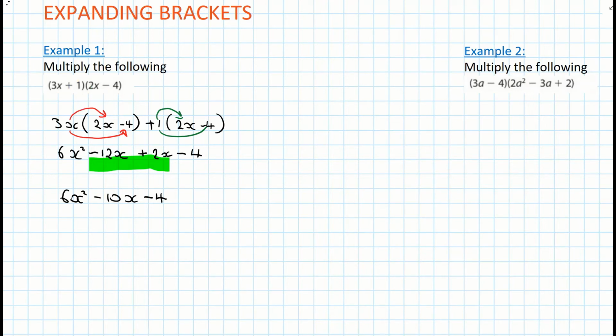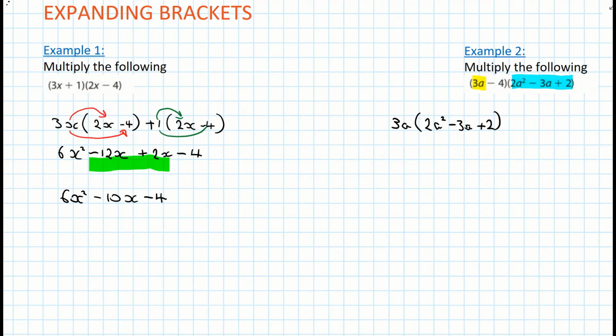As easy as that. Coming over now to example 2, we're going to carry it out in the same manner. We're going to take the first term out of the first bracket, which is my 3a. I'm going to multiply that term by everything that's in the second bracket, which is 2a squared minus 3a plus 2.